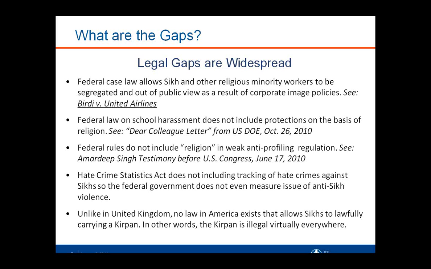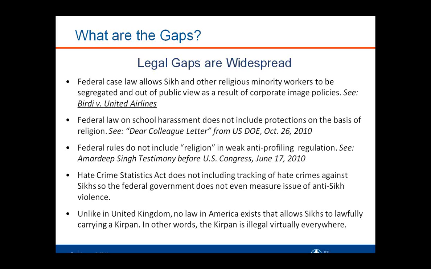And then finally, with regard to the Kirpan, unlike Great Britain, where the criminal law has a specific enumerated exemption that says if you're carrying something that could be deemed a knife, but you're a Sikh and it's a Kirpan, it's lawful, the United States has no such law.